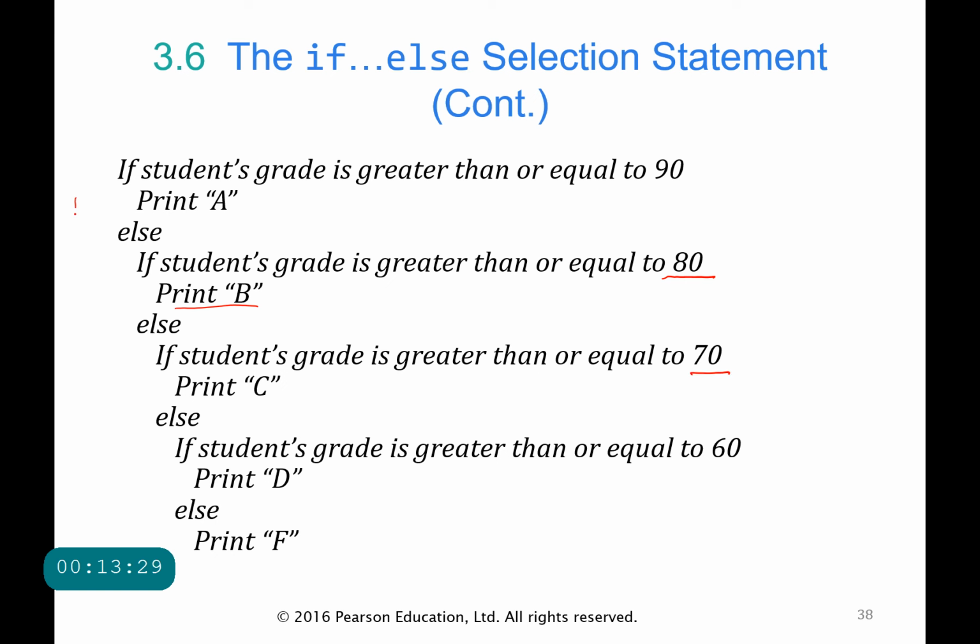So you get these nested if statements followed by else and then if statement. So within each else statement, you're putting another if statement. So that gives you more options and lets you check for more conditions.